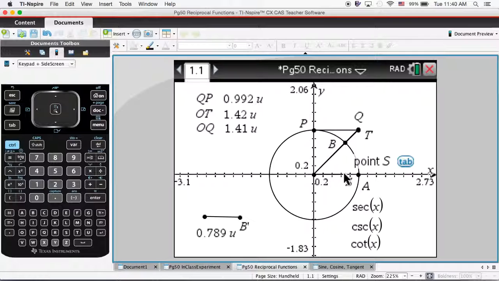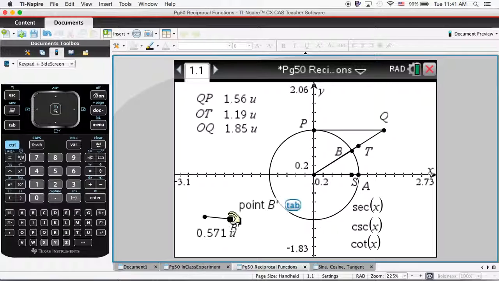And this S is the intersection point of the perpendicular line going through B, goes like this, okay? And then this T is the intersection point of the perpendicular line going through A, which is (1, 0), and OB. So line OB goes through there, just like the previous videos.